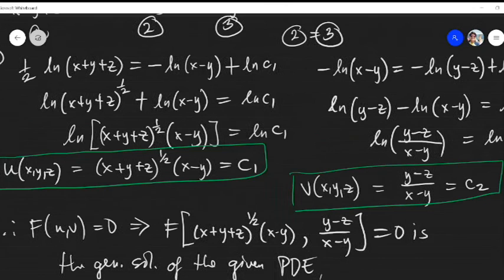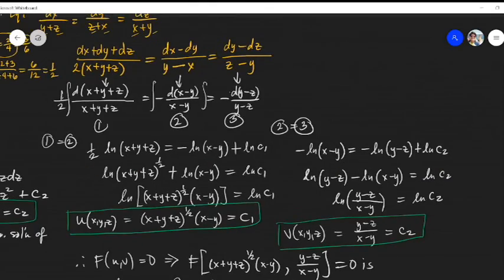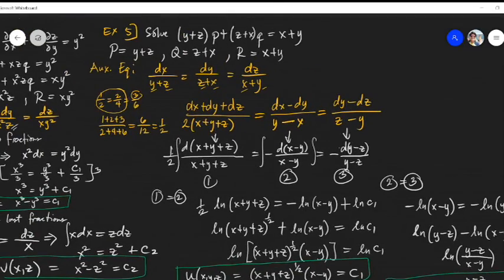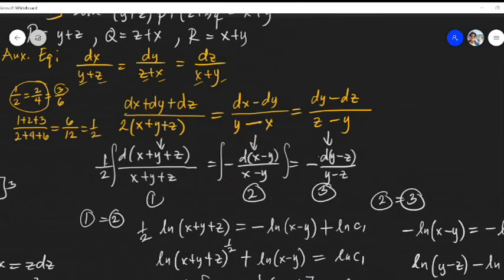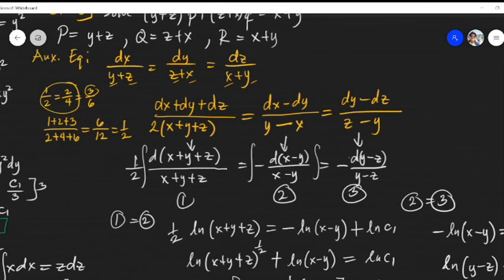So as you can see, we made another auxiliary equation which has equivalent ratios from all of the fractions. Okay, so all of them are equivalent ratios.